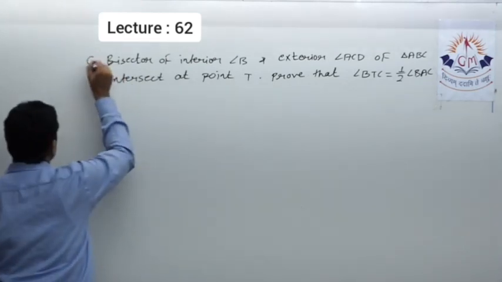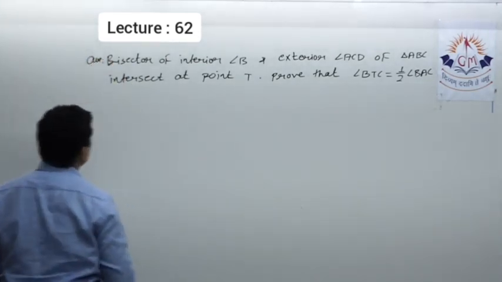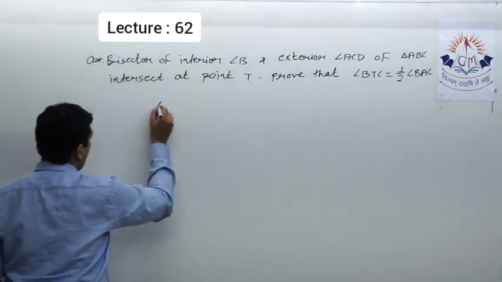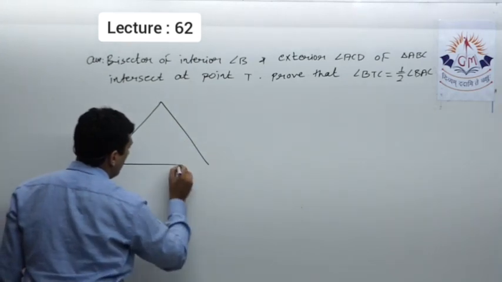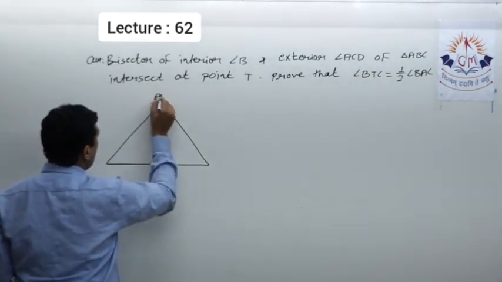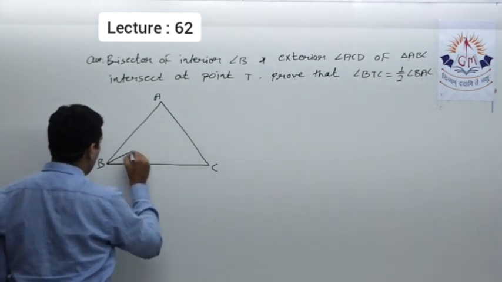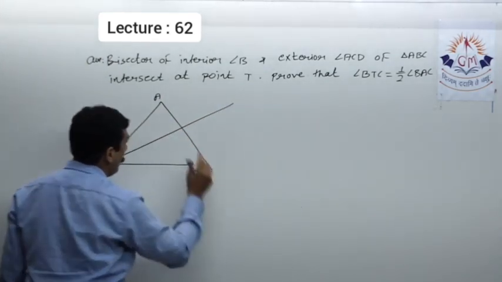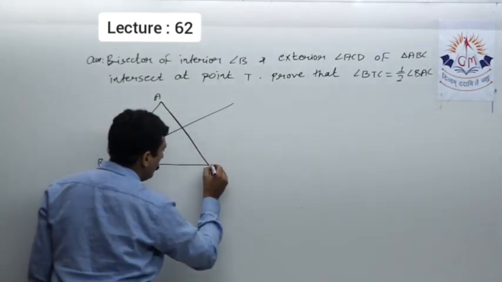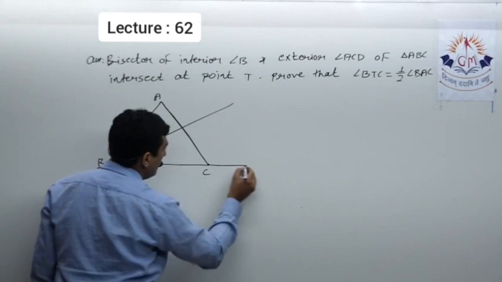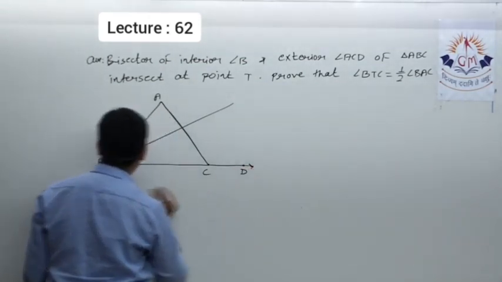Okay, so this is the question. So let us see, first of all we have to see its diagram. The bisector of interior angle B. So this is the triangle. Now this is the bisector of interior angle B as well as the bisector of the exterior angle. So there must be an exterior angle and the name of the exterior angle is ACD.